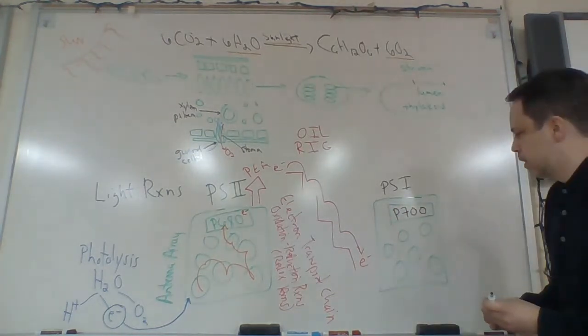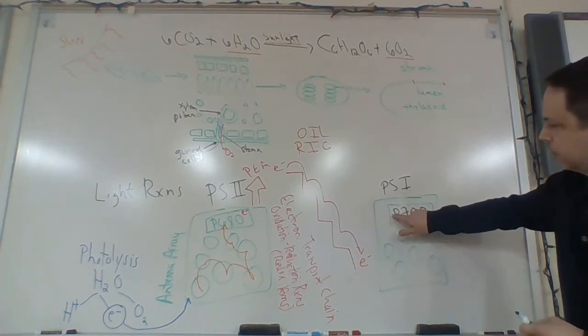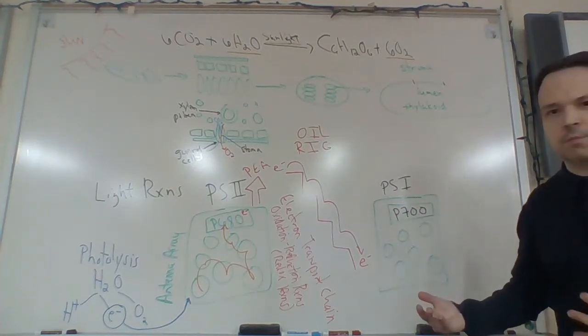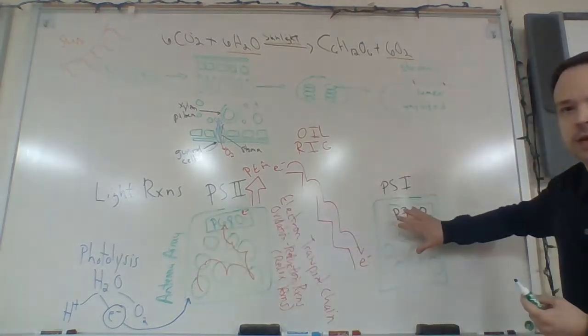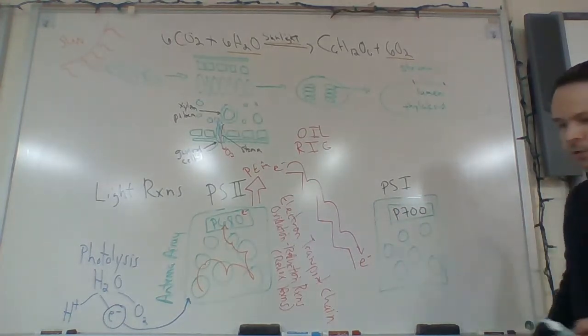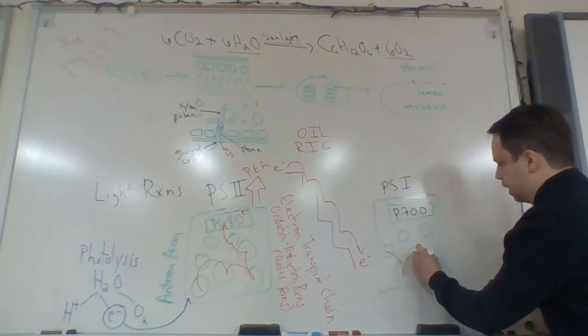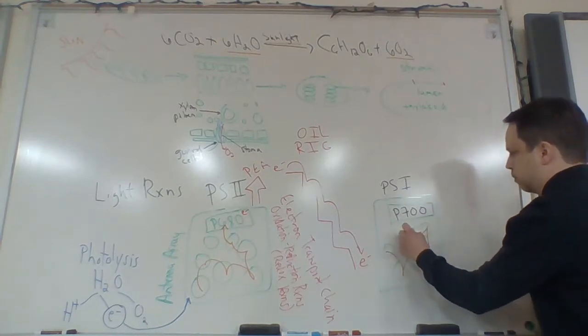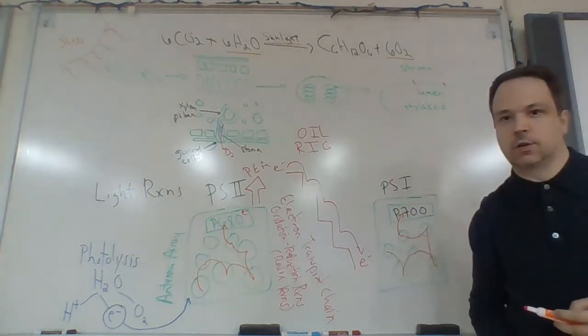Okay. So we once again have another antenna array. We have another reaction center, which means light is not only hitting PS2, it's also hitting PS1. So PS1 also has this transformation of energy, jumping from harvester pigment to harvester pigment, until it too reaches the reaction center.